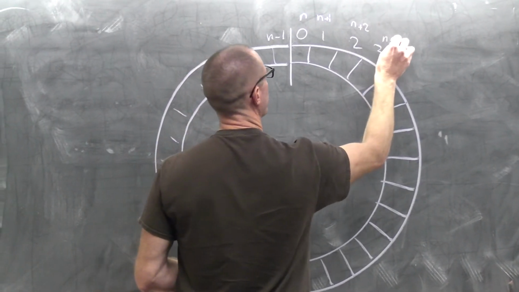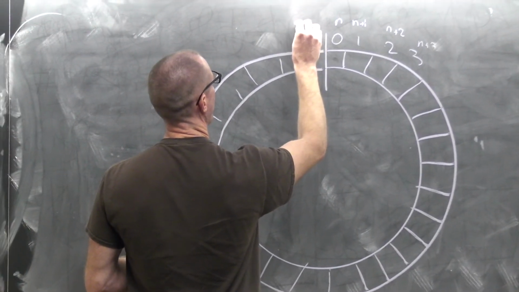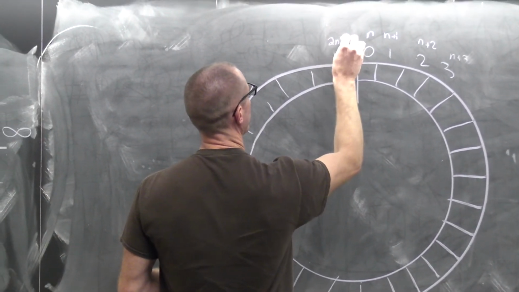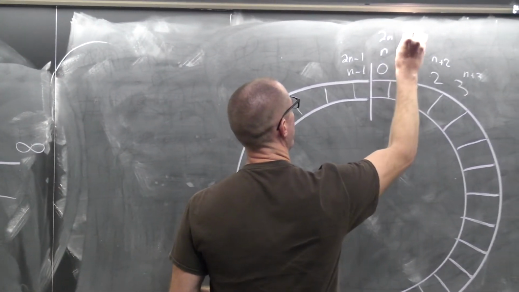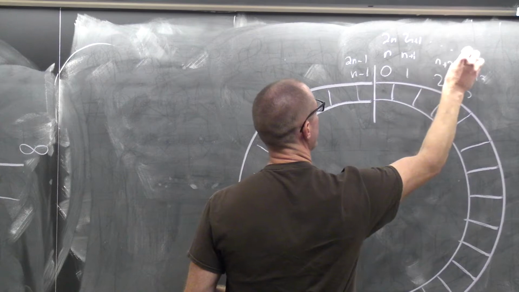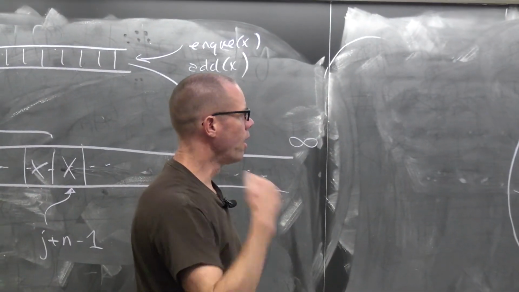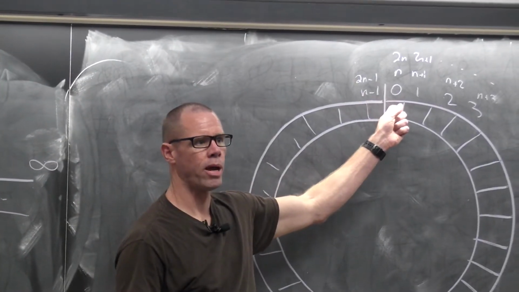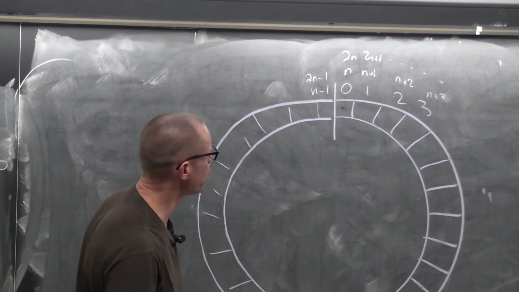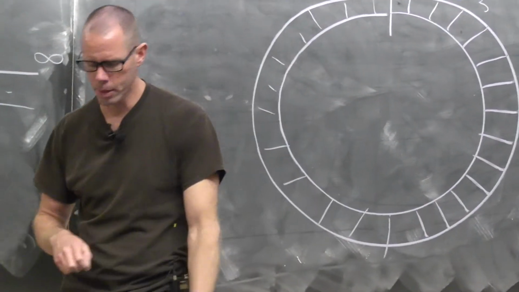This one, n plus 3, all the way around until here I have 2n minus 1, and then up to here, 2n plus 1. I can call these things by any of those names. So array index n gives me the same thing as array index 0. Array index n plus 3 is the same thing as index 3, 2n plus 3, 4n plus 3, and so on.